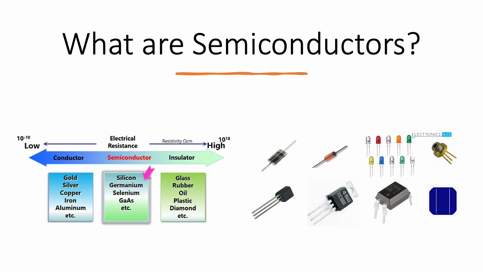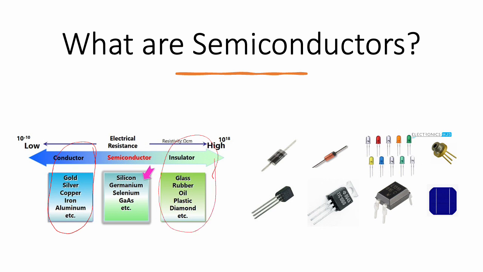Now, what are semiconductors? Semiconductors are materials with properties that lie between those of conductors, such as metals, and insulators, like rubber or plastic.